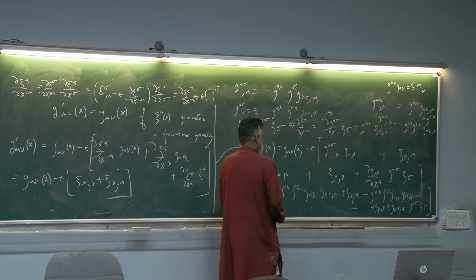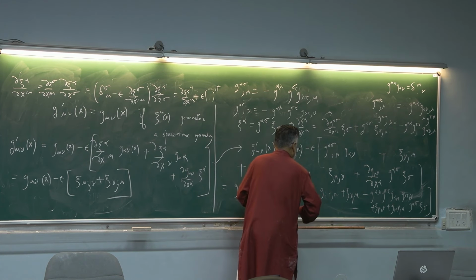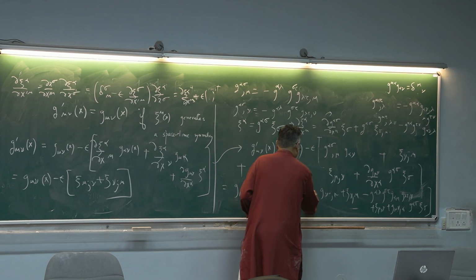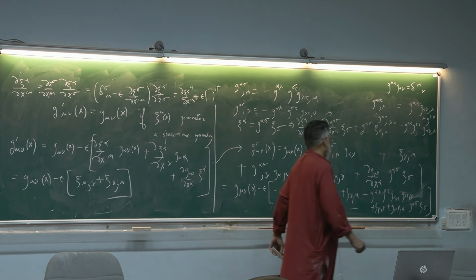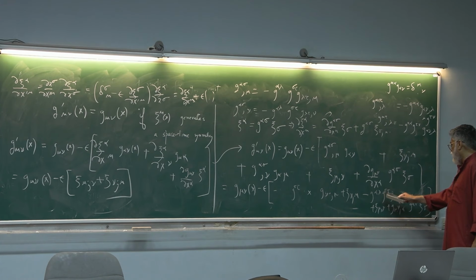So Kronecker delta lambda nu will make this lambda as nu. Of course, it's multiplied by G sigma tau. Similarly, come back here, G alpha mu, G lambda alpha, alpha being summed over, Kronecker delta lambda mu, okay. So wherever there is lambda, it will be mu.